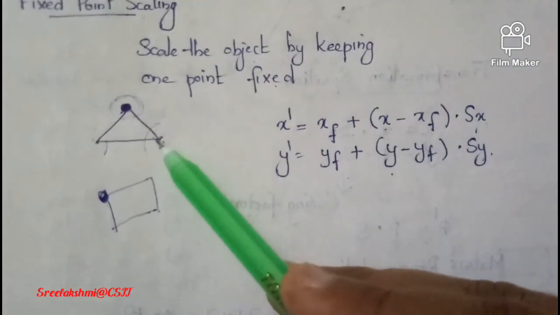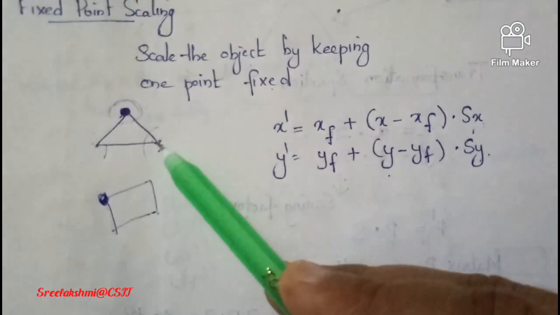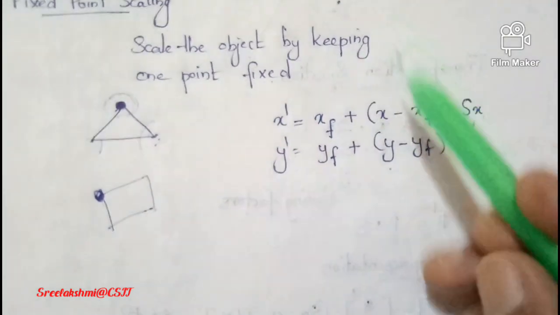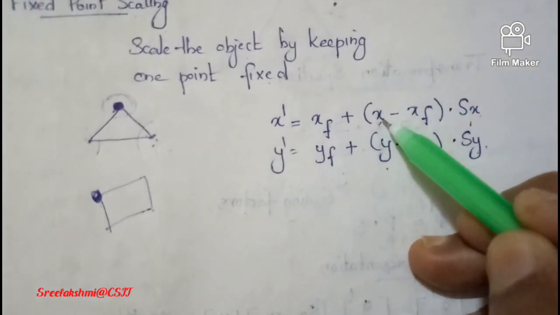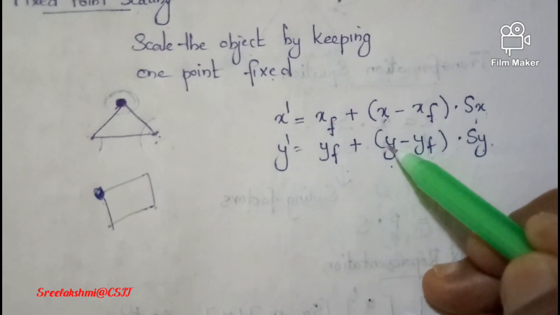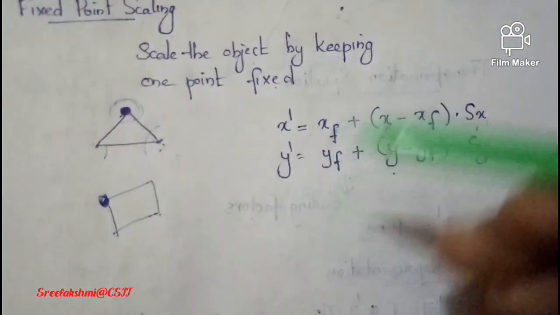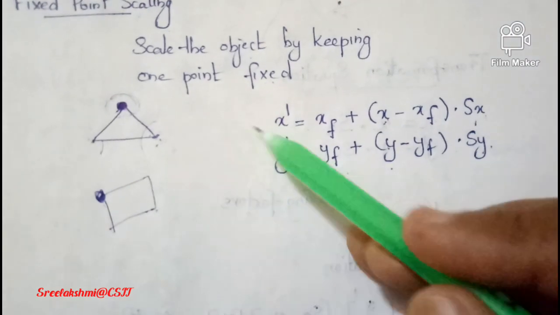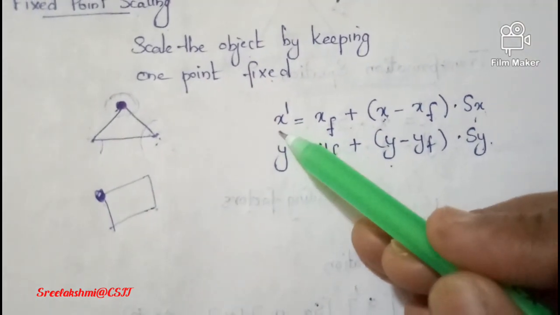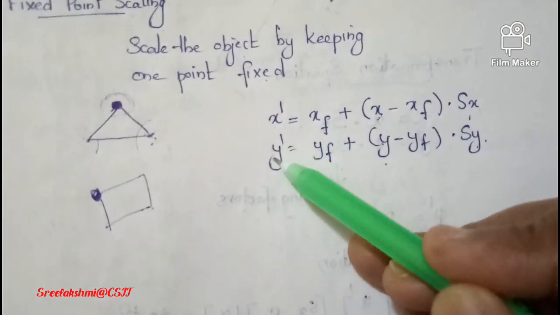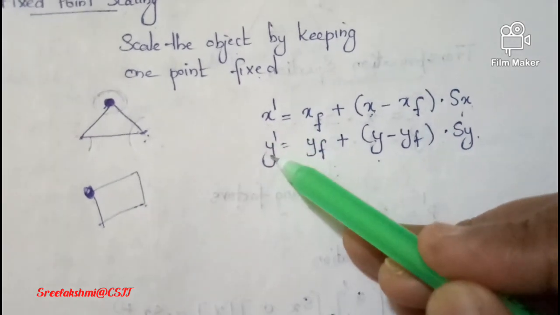If I am going to scale this point, then the xy values of this point will be substituted here in x and y. After scaling, the new position to which the object is scaled, that new position's xy values will be found in x dash and y dash.